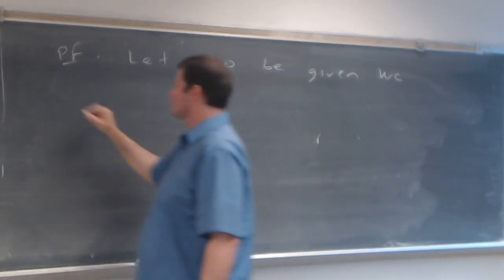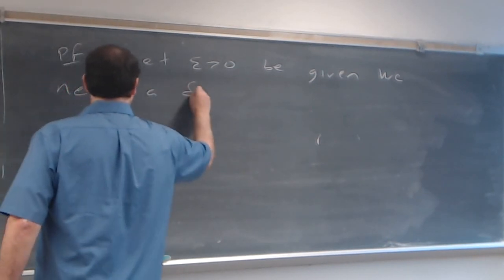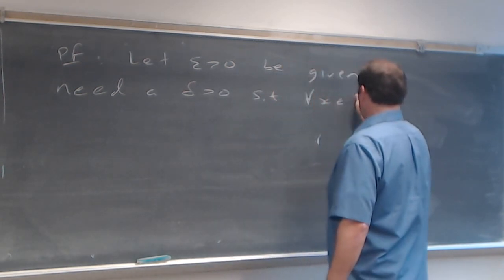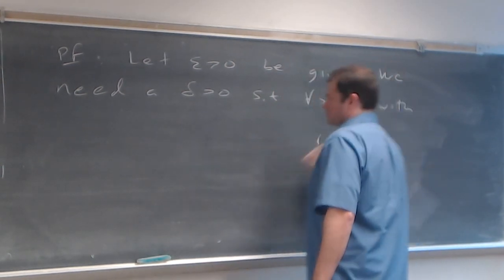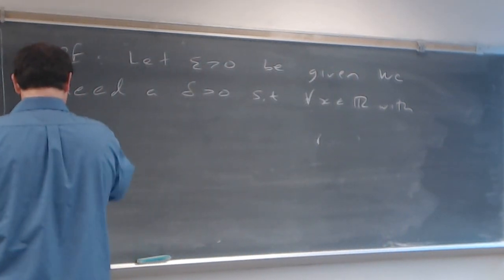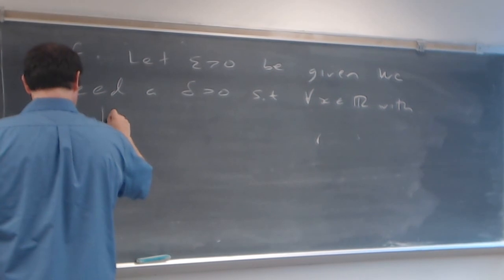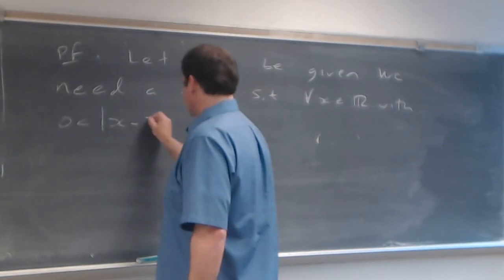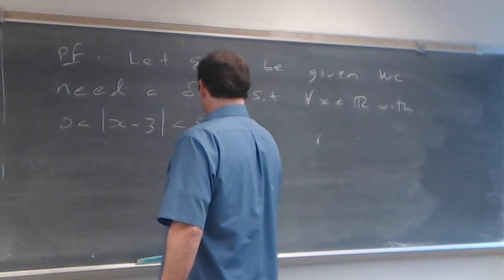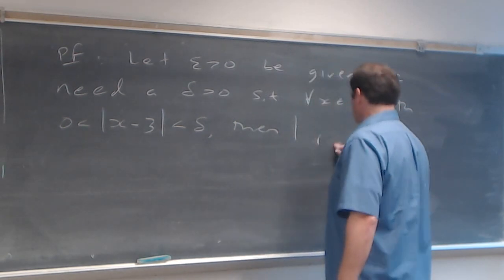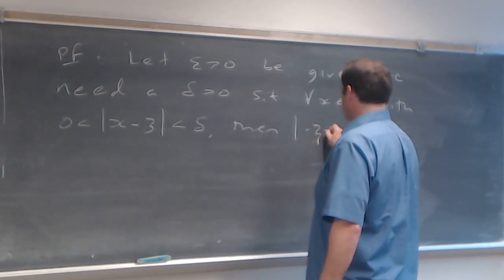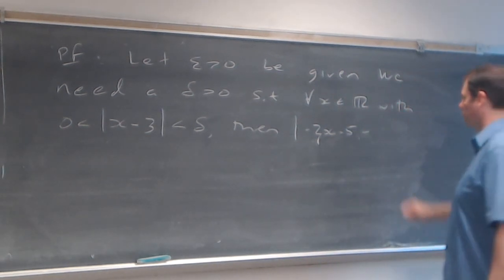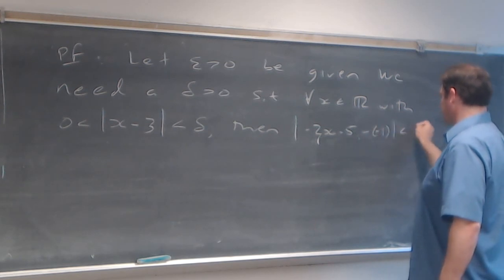We need a delta bigger than 0 such that for all x element of R with 0 less than the absolute value of x minus 3, where p is 3 in this case, whenever that's less than delta, then that's going to force the absolute value of f of x minus q, which is minus 1, to be less than epsilon.